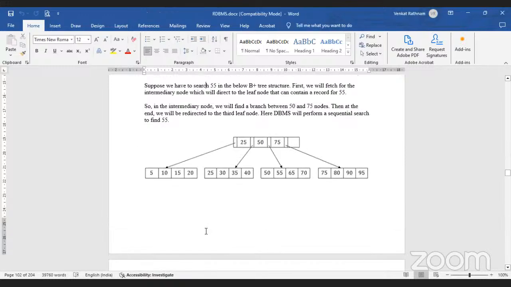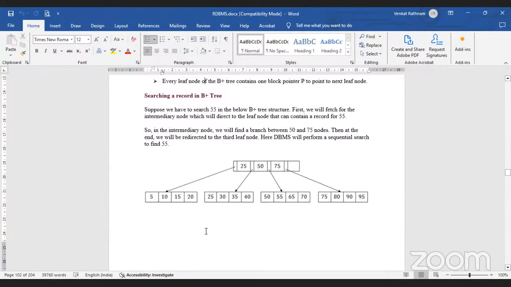How can it store the values? First we will decide. We have these numbers, 1 to 100. Suppose you want to store the numbers 1 to 100 in the B plus tree, then you can decide how many root nodes.